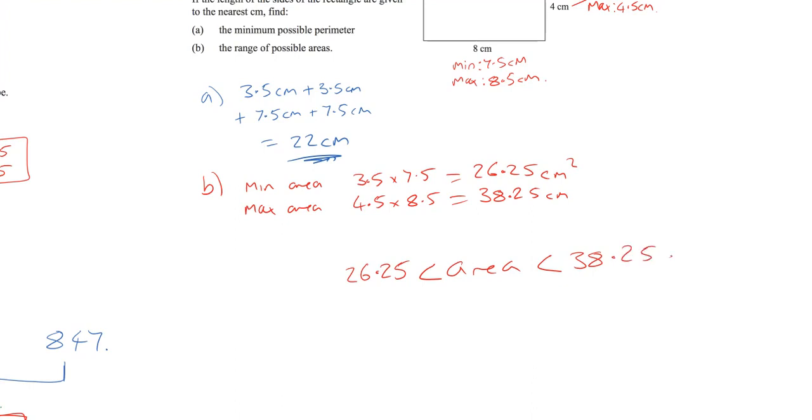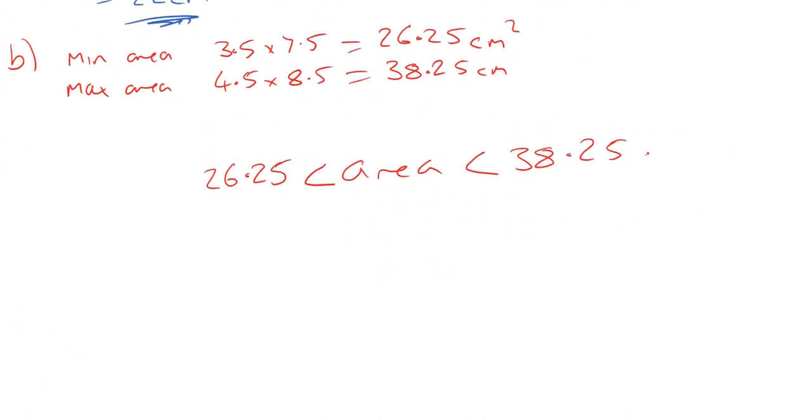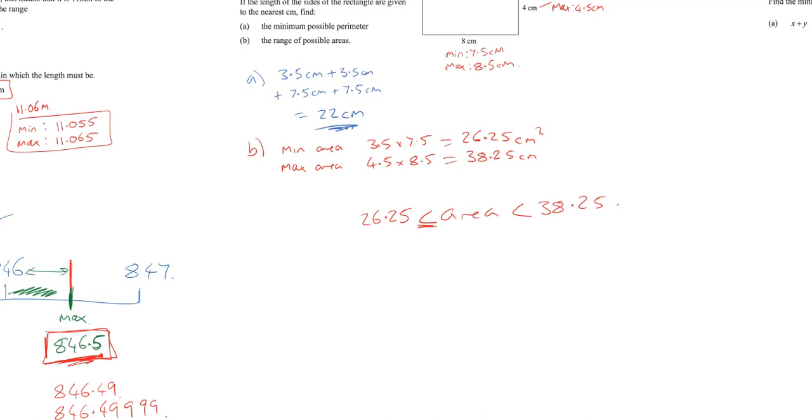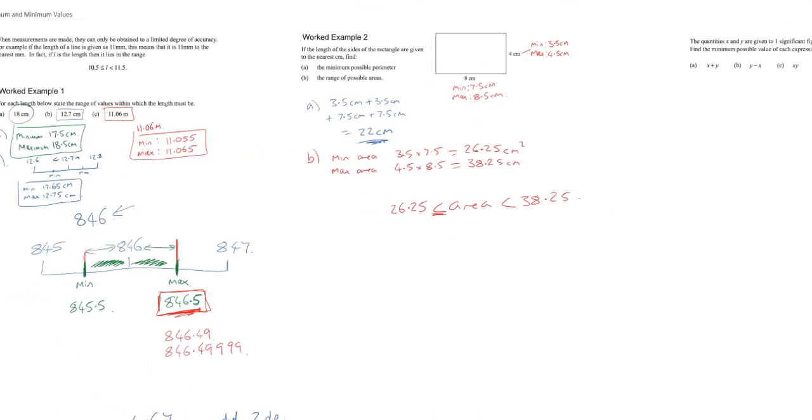Now, this is a good question, actually, about these statements. Should I change my inequality signs here? Well, I kind of should, actually, because we could actually include the 26.25 there because we would round up if it was exactly that, right? But we want to probably keep the 38.25 just as it was, as we would round up if it was exactly 8.5 and 4.5.